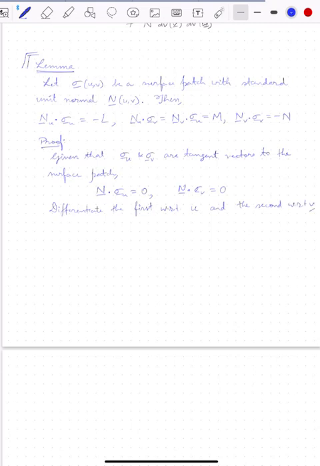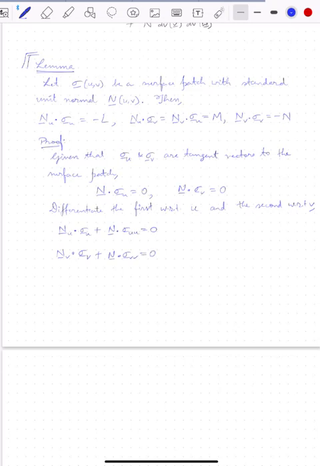The first one gives n_u dot sigma_u plus n dot sigma_uu is equal to 0. And the second one is n_v dot sigma_v plus n dot sigma_vv is equal to 0.